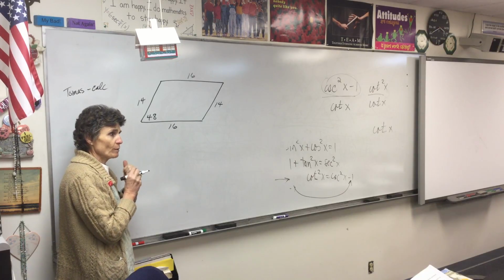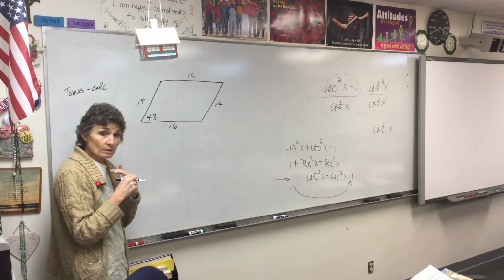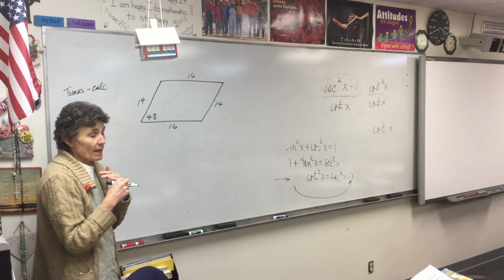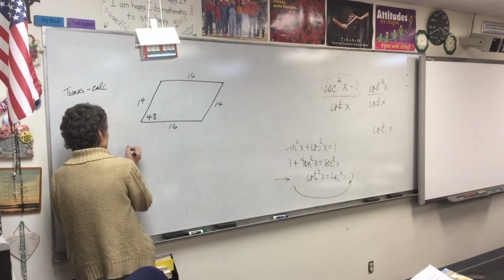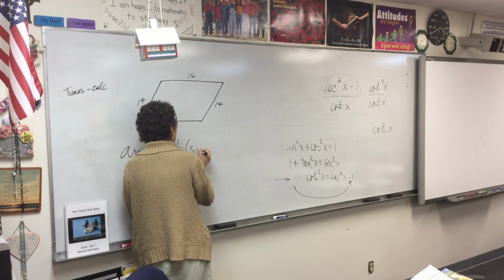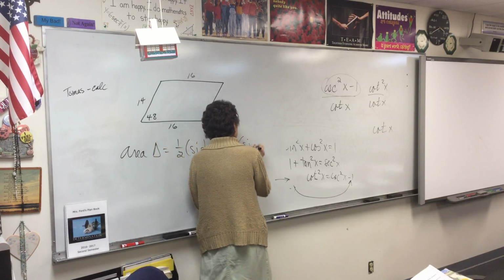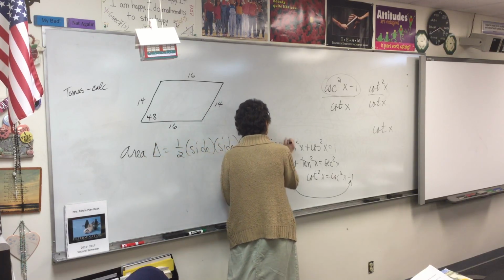What information do we have to have? All sides. And then we have another area formula that says the area of a triangle is 1/2 side times sine of included angle.